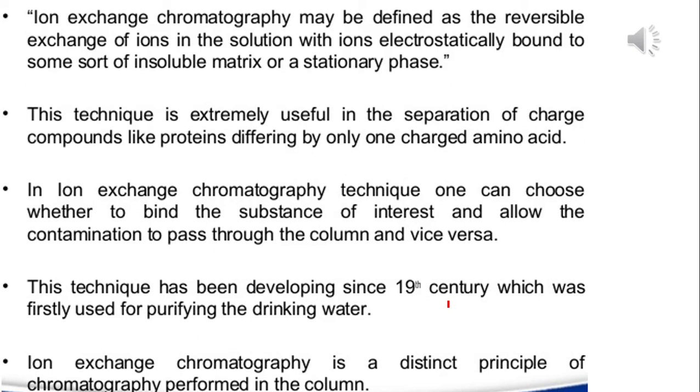These ion exchange resins are generally of two types, those having negative charges and those having positive charges. We select an ion exchange column based on the type of the molecules we are going to separate.